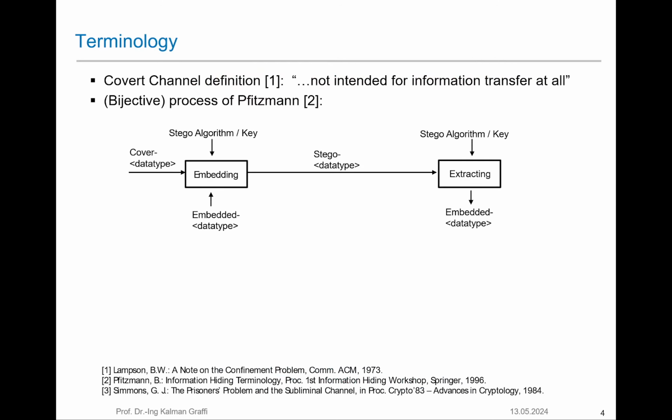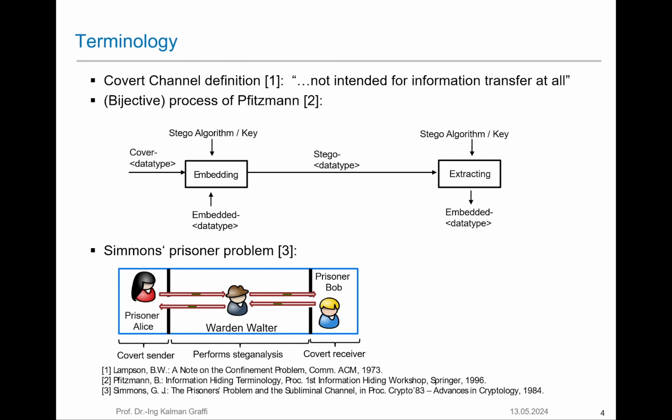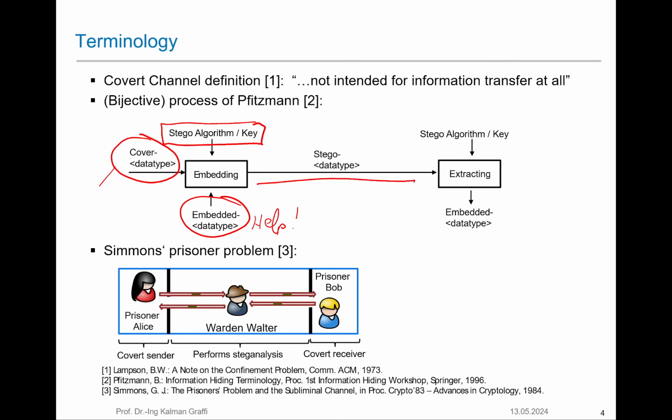The model is that you have some data to embed, a cover data type, typically a cat picture, and a hidden message, like 'help'. Then you have a rule for how you put the information in, you transfer it, and at the other side, if you know the pattern, you can extract the data.